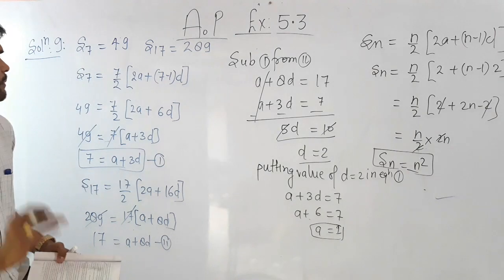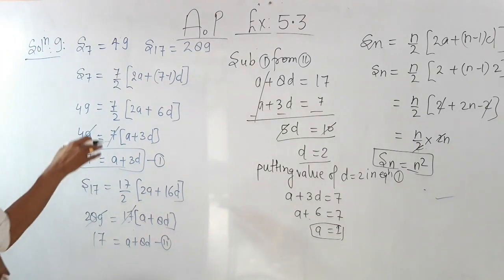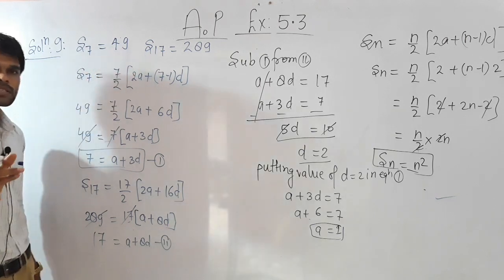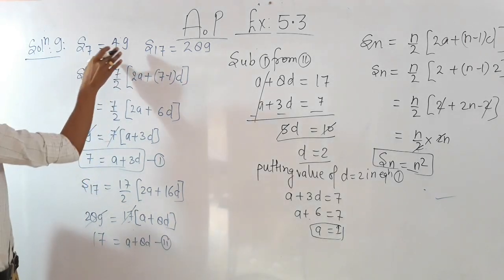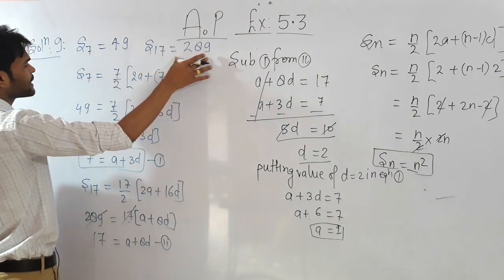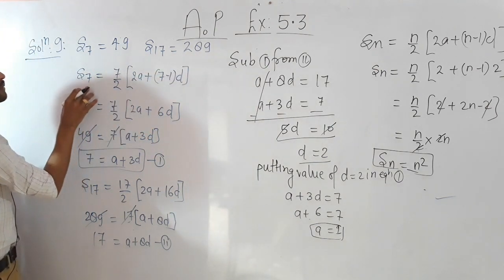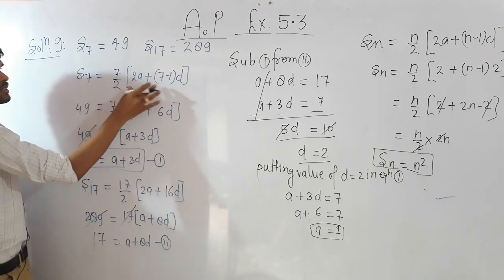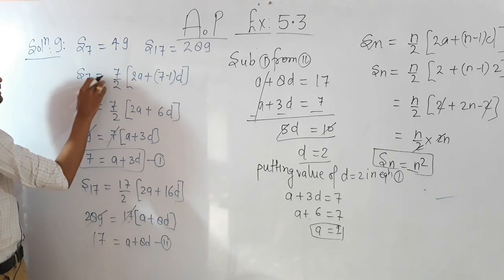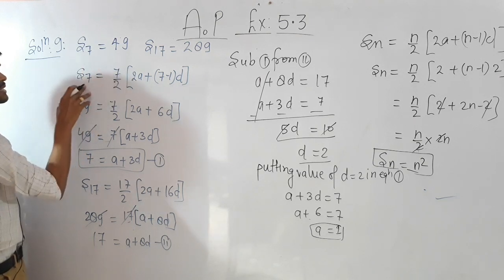Is that clear? Let me explain once again. You were given S7 equal to 49, meaning the sum of the first 7 terms of the given series was 49, and the sum of the first 17 terms of the given series was 289. Using the formula Sn is equal to n by 2 into (2a plus (n minus 1) into d), we substituted n is equal to 7 because it is the sum of the first 7 terms.